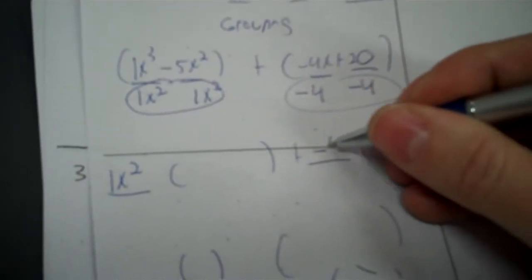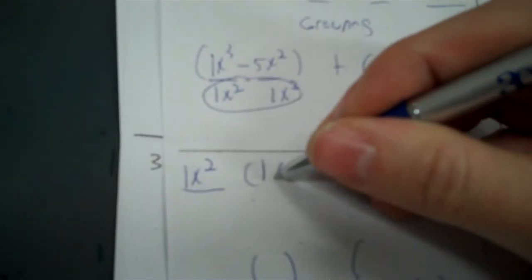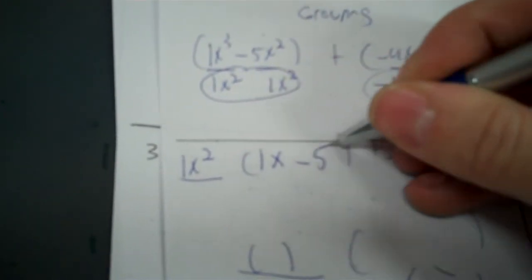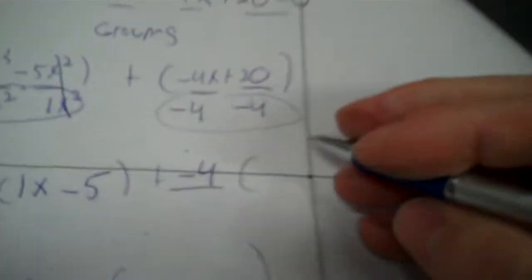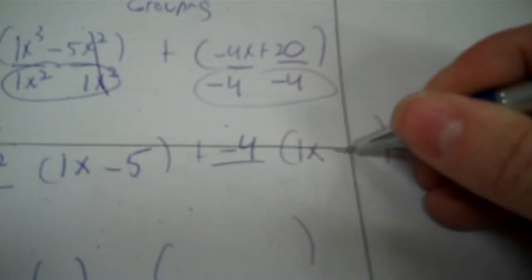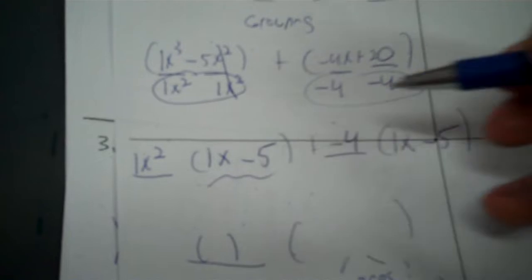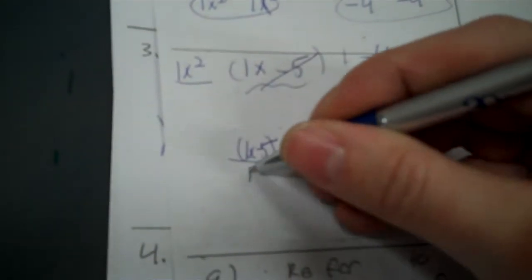And here I factor out negative 4. So it's going to be 1, and that goes down all the way to x minus constant 5. No x on that. And this will be the same thing, 1x minus 5. So these parentheses match. So 1x minus 5 goes here. And that's my first factor. I'm going to use that factor to get my first root.